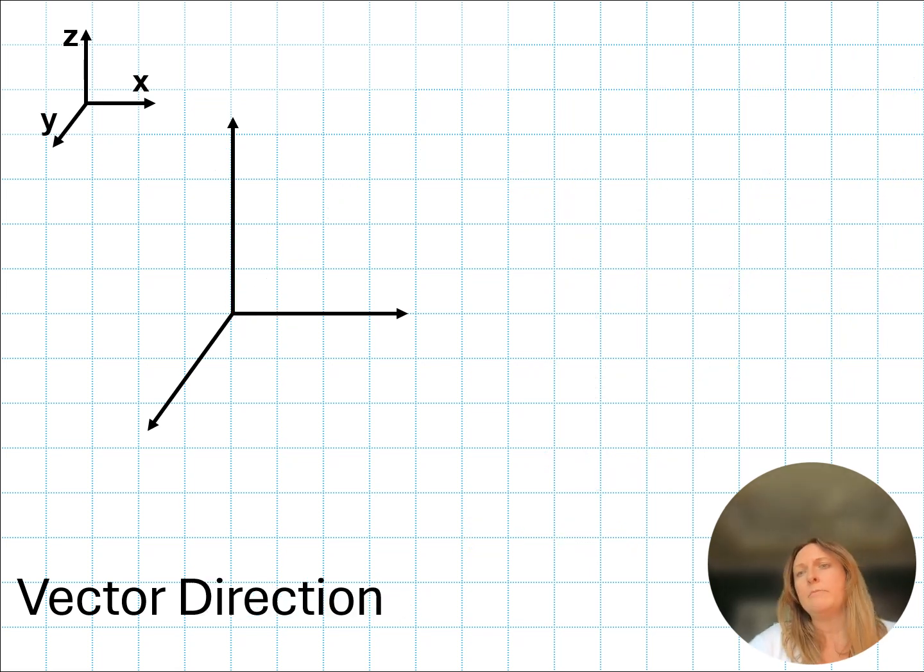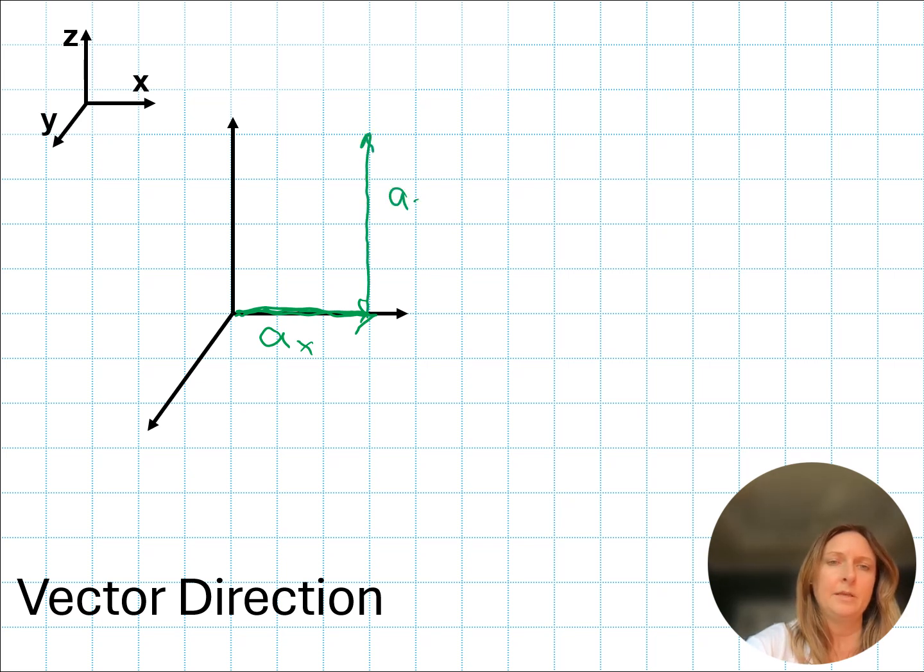So now I know the magnitude of acceleration, but I don't know its direction. So this time I'm going to draw my components in x like this. Here's my x component of acceleration, and then I'm going to draw my z component over here like this.